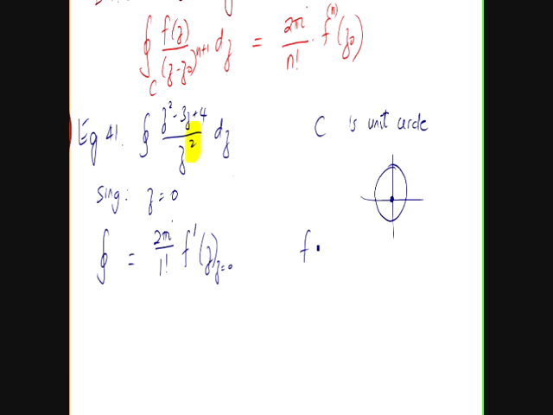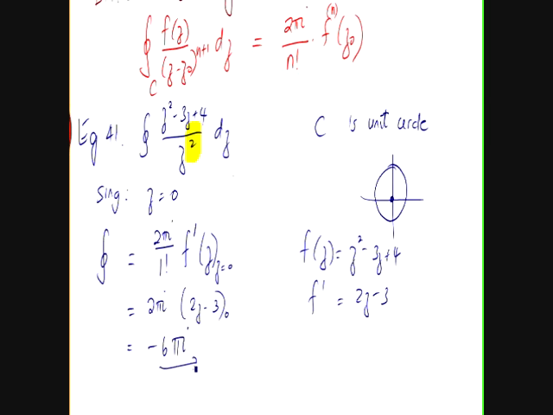So here, of course, f of z is simply z squared minus 3z plus 4, that means the numerator, everything beside the z squared. And so f dash z will be equal to 2z minus 3. Plug that in here, you get 2 pi i multiplied by 2z minus 3 at z equals 0. And z is 0, you get minus 3 times 2 pi i, which is minus 6 pi i, which is the answer.